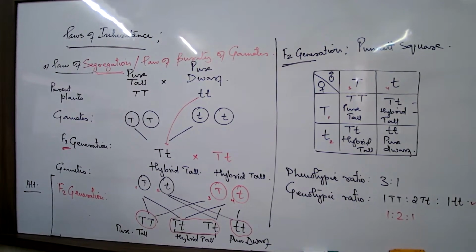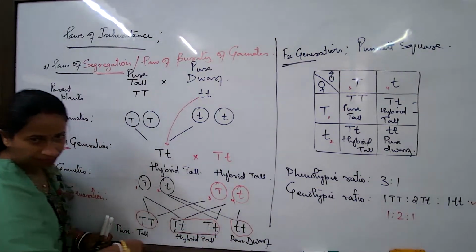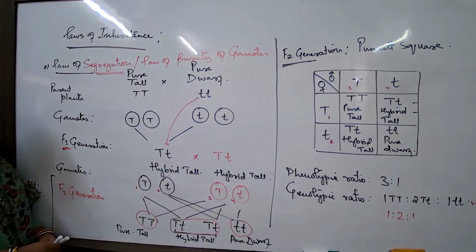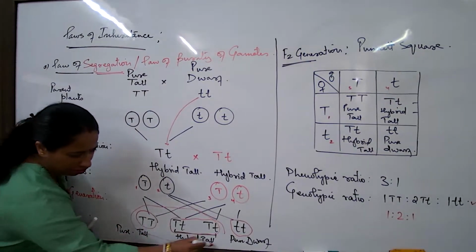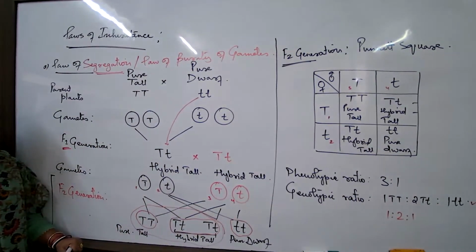Then go to the next question. How many plants in the F2 generation have parental phenotypes? I gave you a number, 100. So out of 100, roughly you have to write. Almost out of 100, 75 plants are parental phenotypes, no?